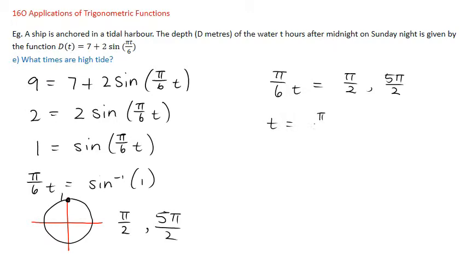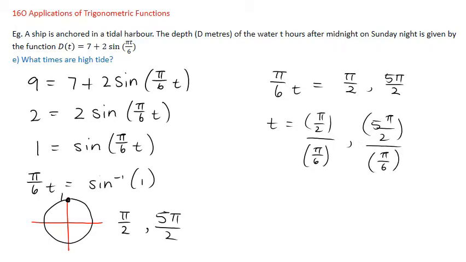So pi on 2 over pi on 6 and 5 pi on 2 over pi on 6. How do we divide fractions? Flip them. So we get 6 pi on 2 pi.